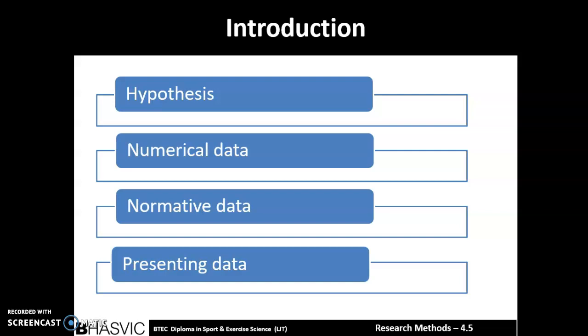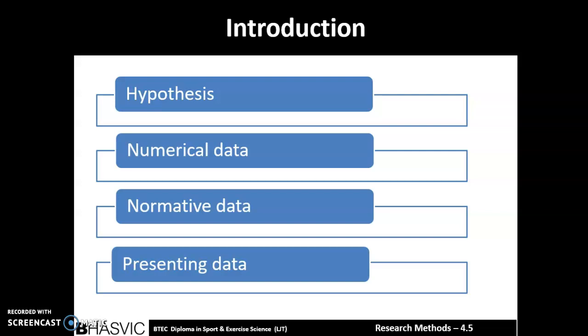If you have a whole group of people that are exceptional, and you find some normative data from another study and compare them and see that your class is much better, then this could mean another investigation into your study. If some other factors were wrong, if they were doing the testing wrong, it's helpful to have numerical data and compare it to the norm. So this is a helpful thing in your study.